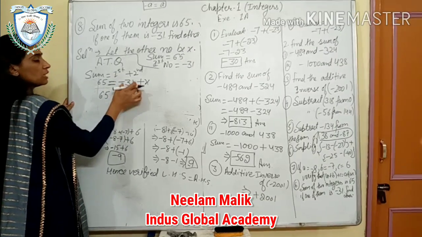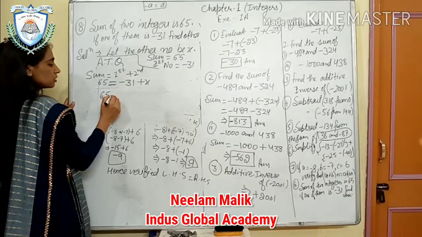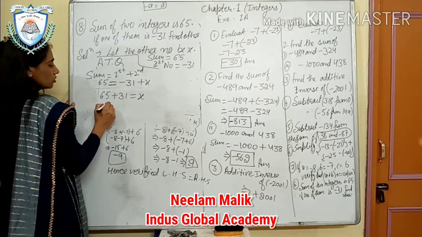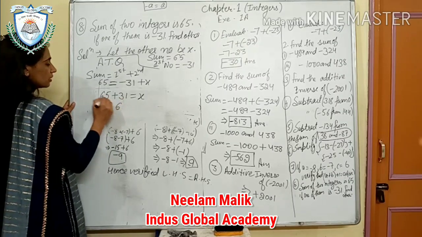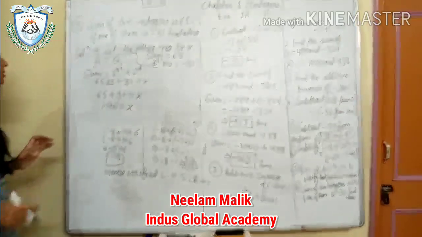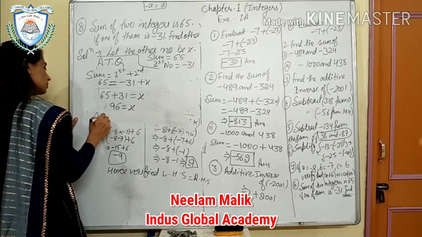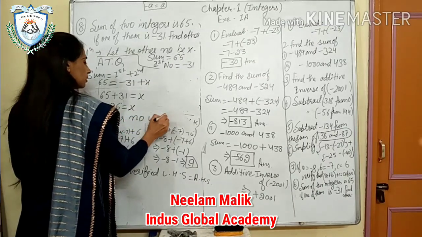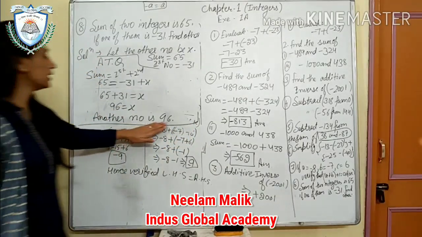Minus 31 is on the other side. When it comes here, the sign will be changed, so minus becomes plus. 65 plus 31 is equal to x. Add them, it will be 96. So x is 96. That means our second number, or another number, is 96.